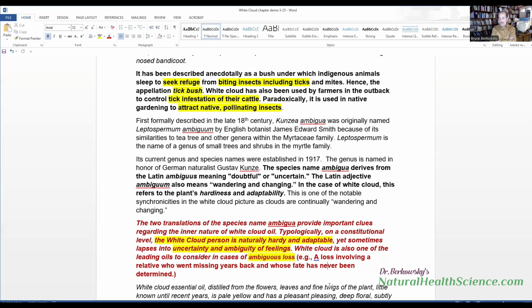The body's never found. You don't know, was he taken prisoner? Is he still alive and still being kept in some secret prison somewhere in some dangerous country? You don't know. So that type of loss can be referred to as ambiguous loss.